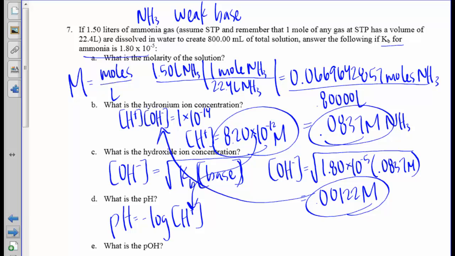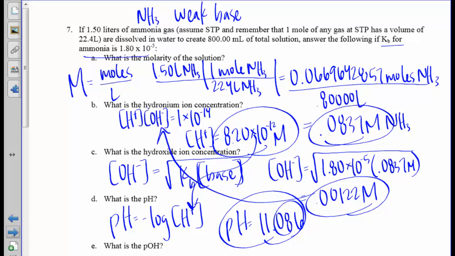So when you calculate that by plugging in the 8.20 times 10 to the minus 12, you should calculate your pH to be 11.086. Remember significant figures? We have 3 significant figures in our concentrations, which means we should have 3 decimal places in our pH and pOH, so 11.086 is the answer that I get for the pH.